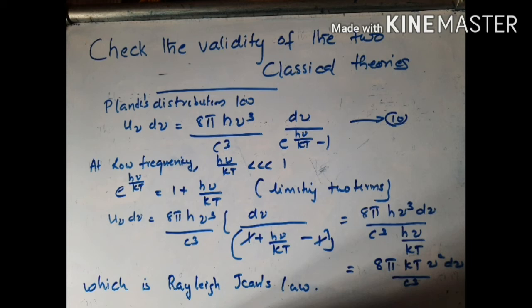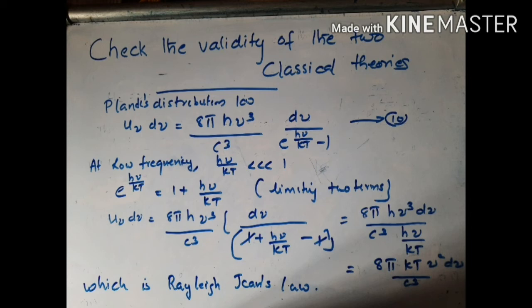For that we are considering Planck's distribution law, that is u_nu d nu is equal to 8 pi h nu cubed by c cubed, d nu by e raised to h nu by kT minus 1.